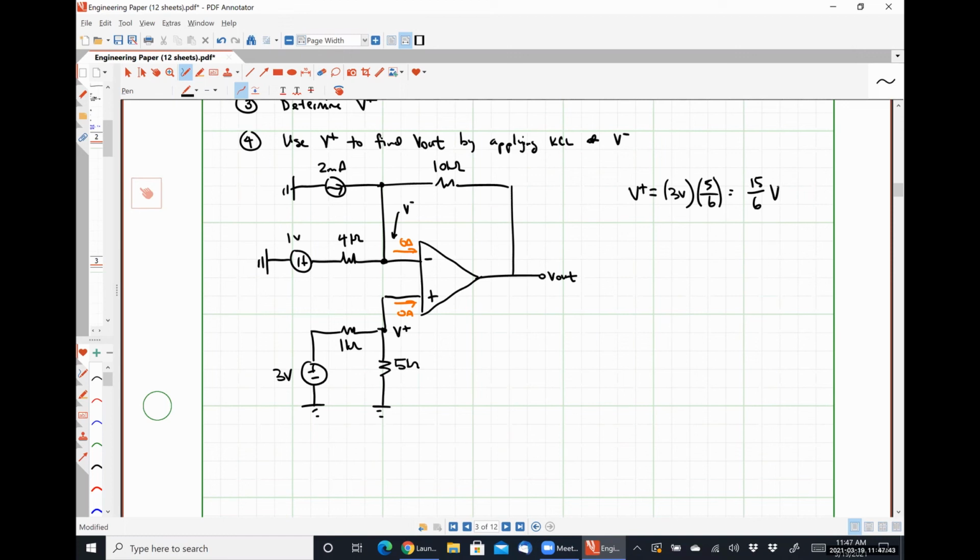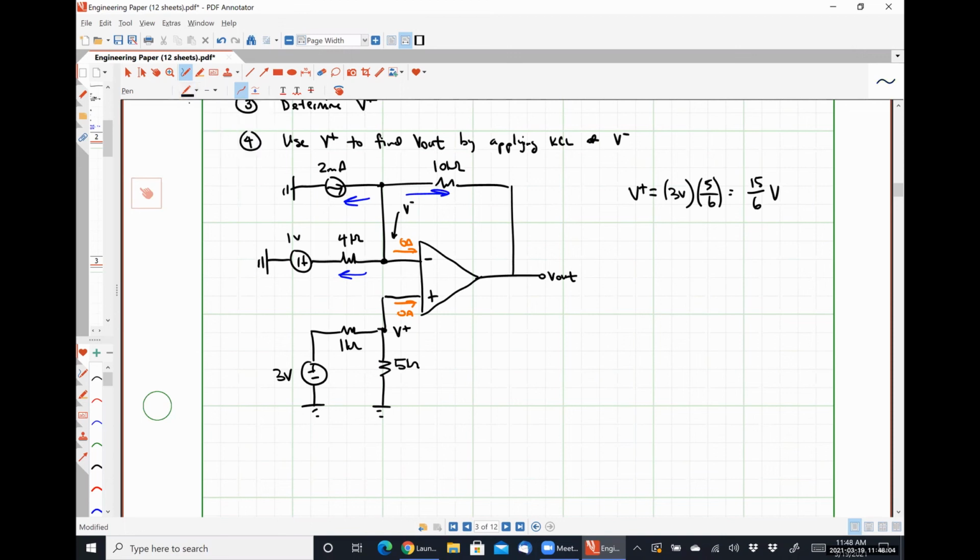Now we apply KCL at this node, recognizing that V plus is exactly equal to V minus. So that is going to give us, let's be explicit here, I'm going to be summing this current plus this current plus this current.